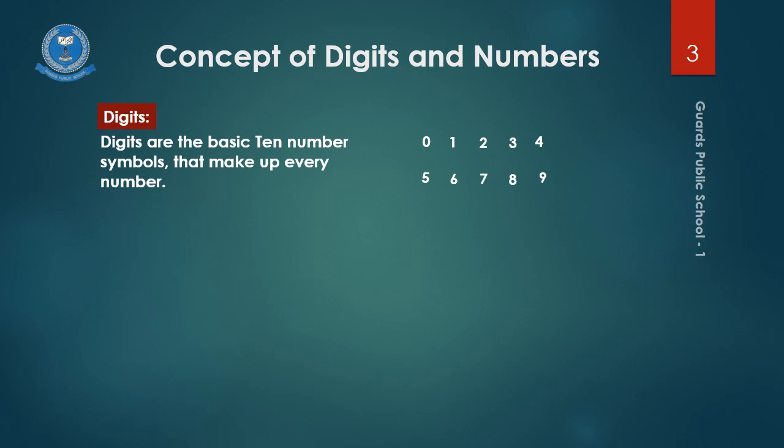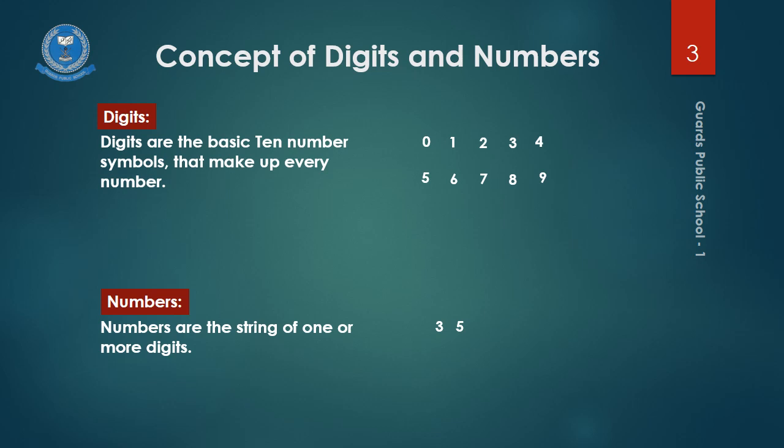Now, we are moving to numbers. Numbers are a string of one or more digits. A digit can be a number. Remember students, a digit can be a number. For example, the number 7 can only be a number if it is not grouped together to form a large number.